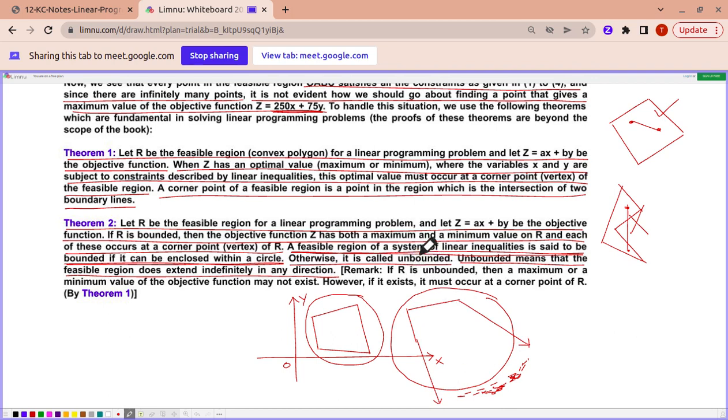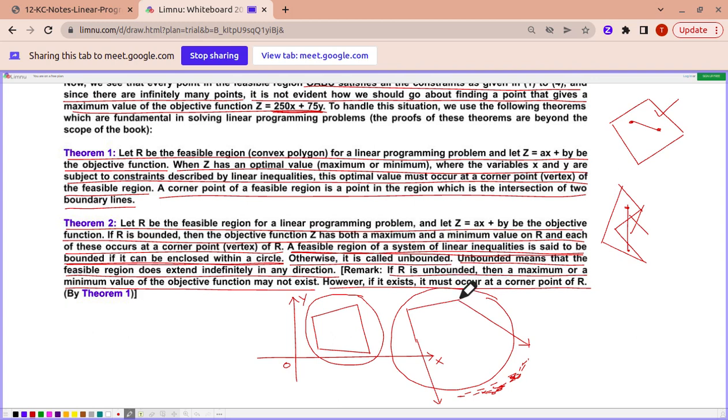Now here is a remark. If R is unbounded, if the feasible region is unbounded, then a maximum or a minimum value of the objective function may not exist. However, if it exists, it must be at a corner point on R, which is described in the first theorem.